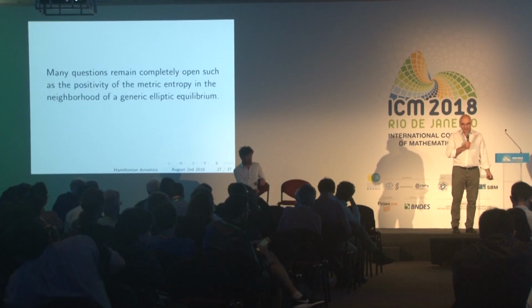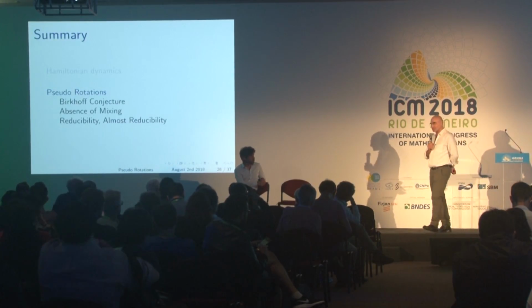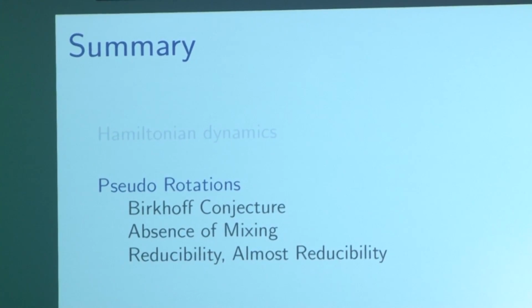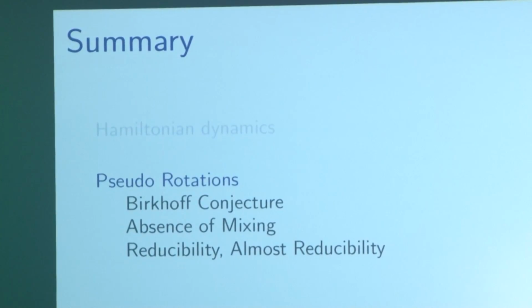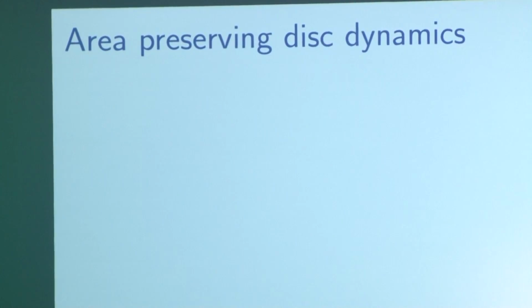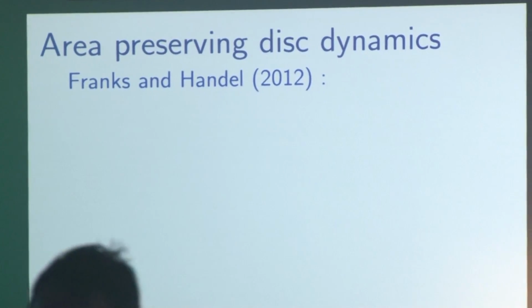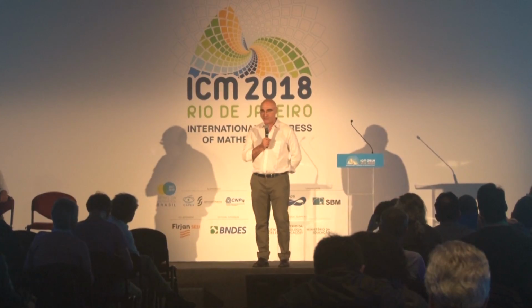Okay, so now we switch to another subject, which is pseudo-rotations. Pseudo-rotations are very special cases of Hamiltonian systems. Let's consider area-preserving disk dynamics. By a result of Franks and Handel, you know that if they are transitive and have zero topological entropy, then they are special.